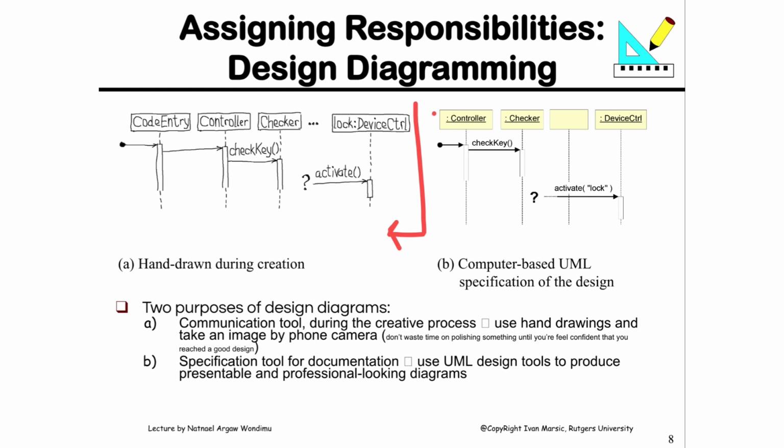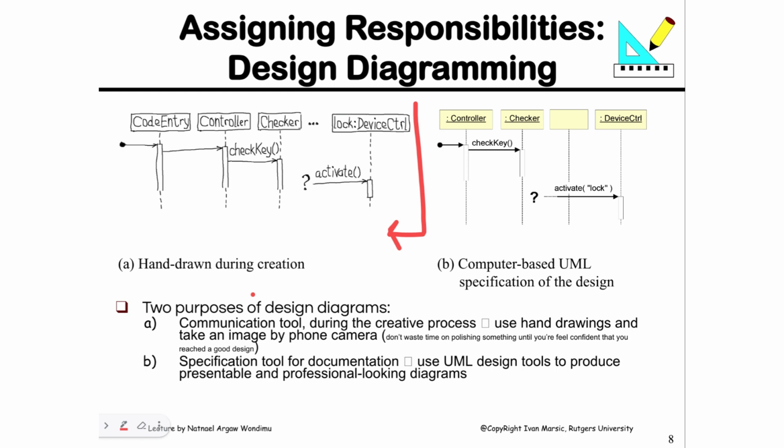The one on the right side is a computer-based UML specification of some other design. Here we are describing sample or exemplary high-level designs for a module sequence diagram, both hand-drawn and computer-based UML designs.